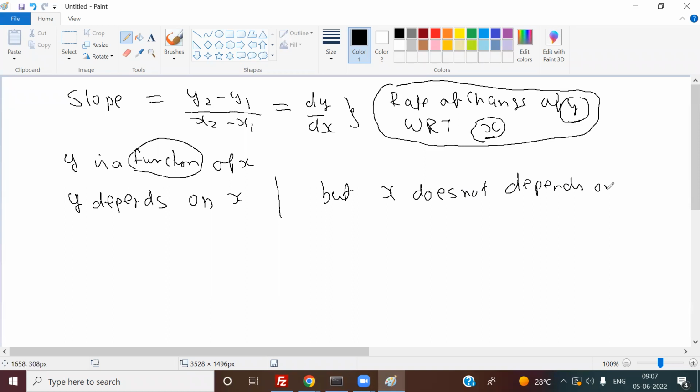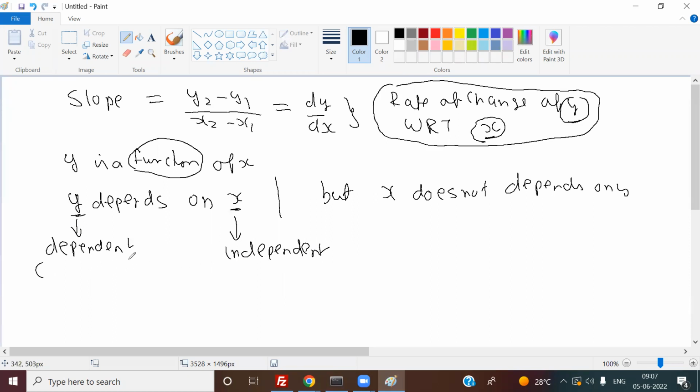X does not depend on y. Y depends on x. So in other words, y is said to be dependent and x is independent. Y is dependent, x is independent.